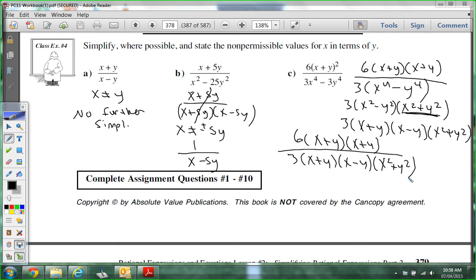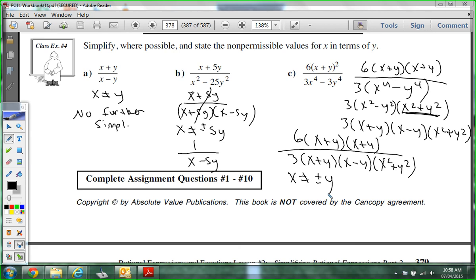So what are our non-permissibles? Don't worry about this one because it's squared. Anything squared is never going to be negative, so this one is never going to be 0. And then plus or minus y again, because positive y, negative y.